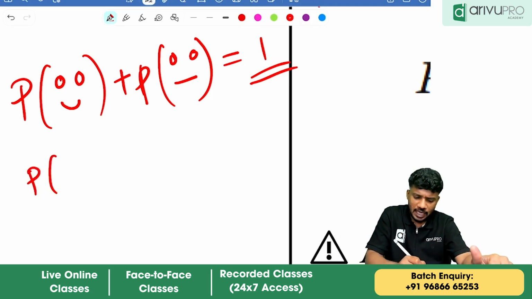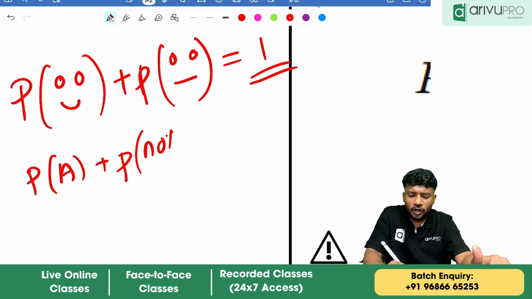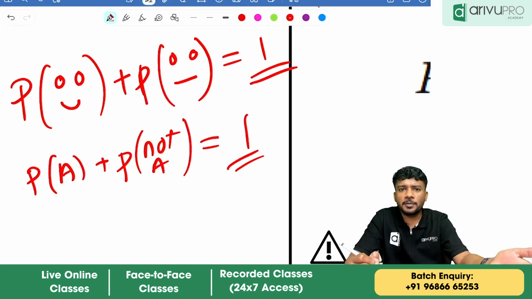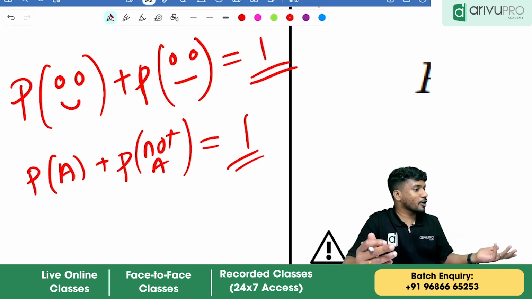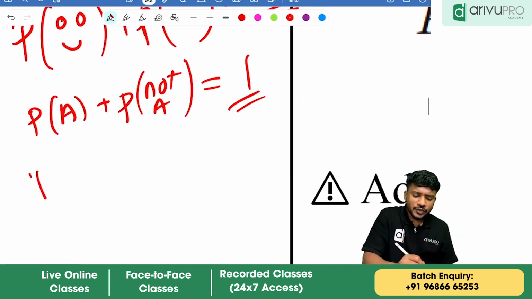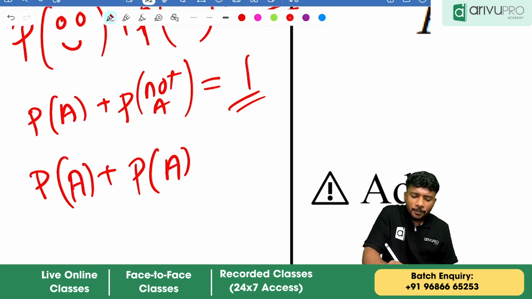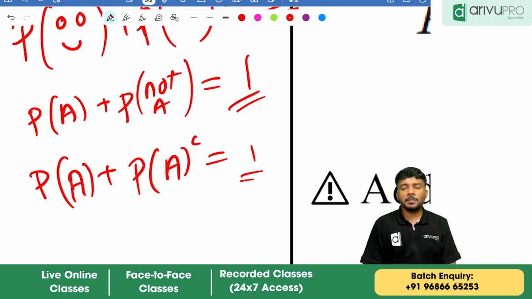Now, P of A plus P of not A will be equal to how much? 1. That means probability of A and probability of events which are not A also should be equal to 1. So I will use another wording over here: P of A plus P of A complement. Complement means not A. P of A plus P of not A is equal to 1.